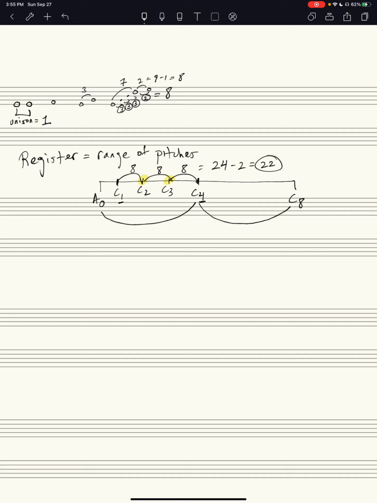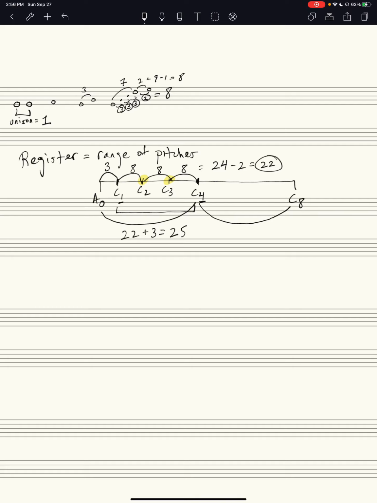No, you should say to me, of course not. That's from C1 to C4. Don't forget that we also have an interval from A0 up to C1 or C1 down to A0. What's that interval? Well, A0 plus a step is B0 plus the next step is C1. That is a skip, right? So obviously the answer here is 22 for the range from C1 to C4 plus 3 equals 25, and I'm done.